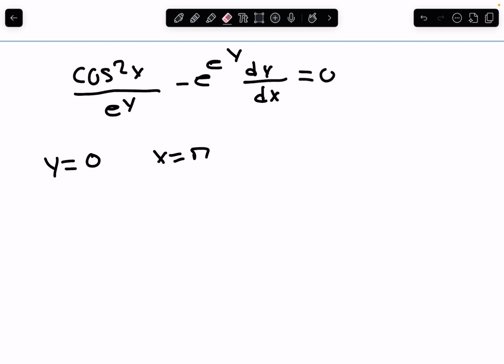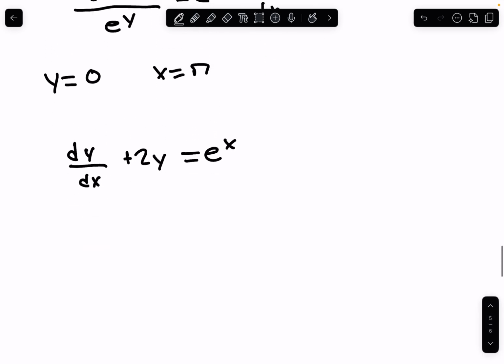I'm trying to find the question. Okay, I'll find one now. dy by dx plus 2y equals e to the x.